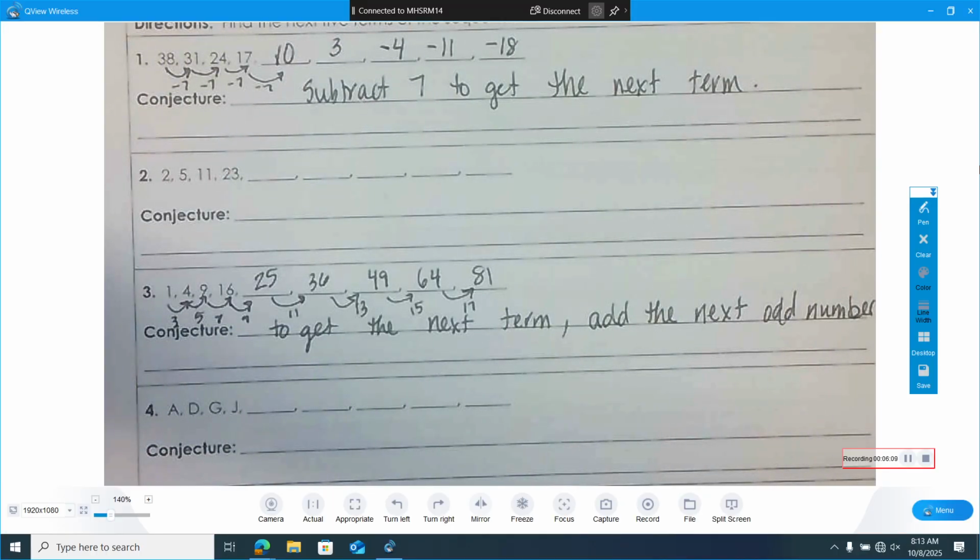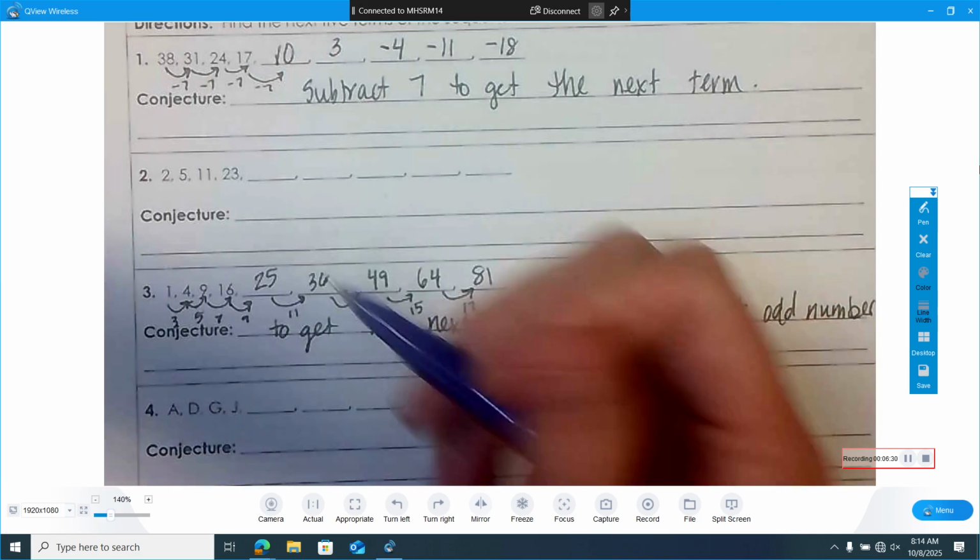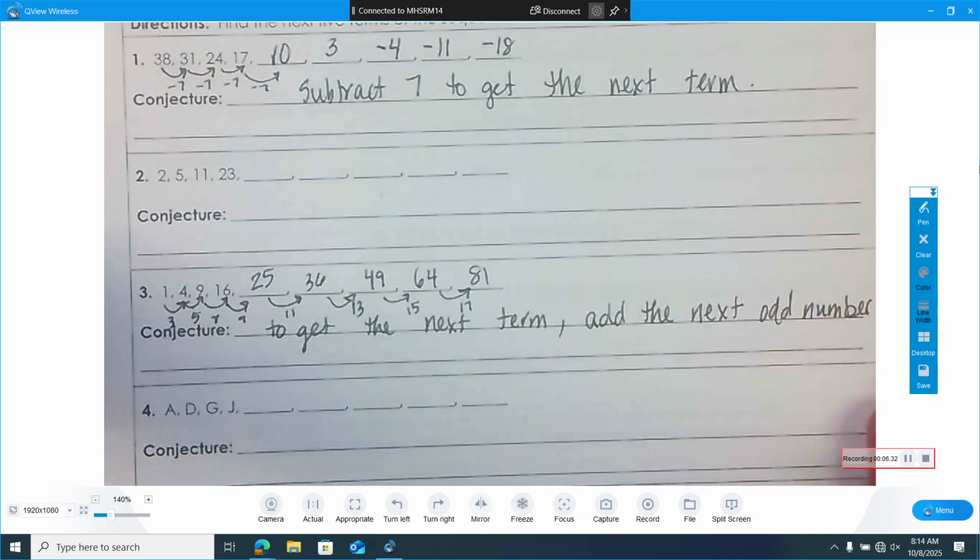This is not only adding consecutive odds, but that is kind of a cool thing. These are also very special kinds of numbers. 81's not even. 25. They can be square rooted. They're perfect squares. Very good. So just in case you didn't see it, and this is a fine conjecture, it's totally true.